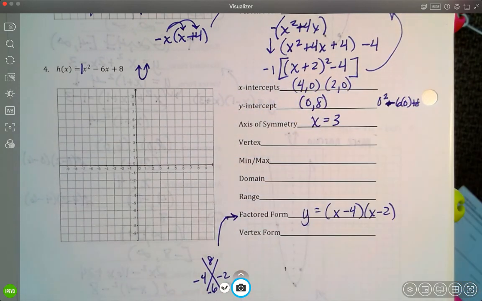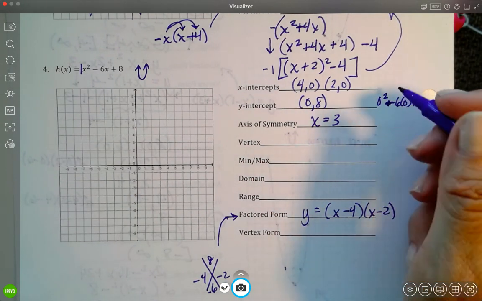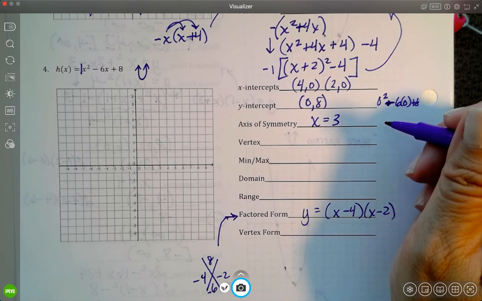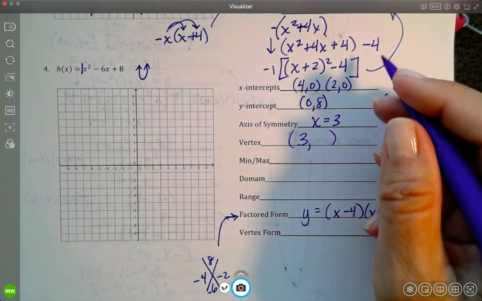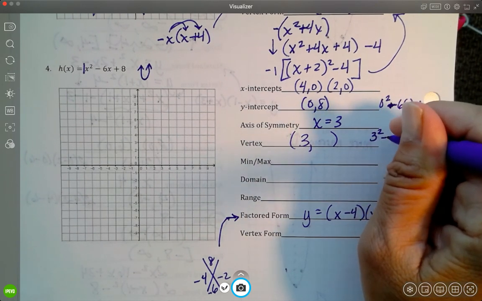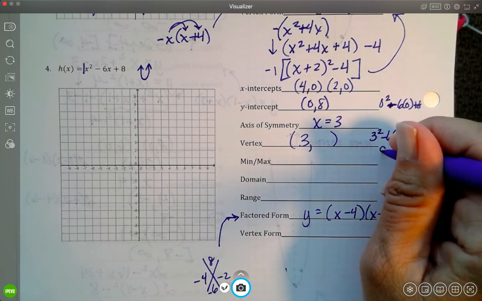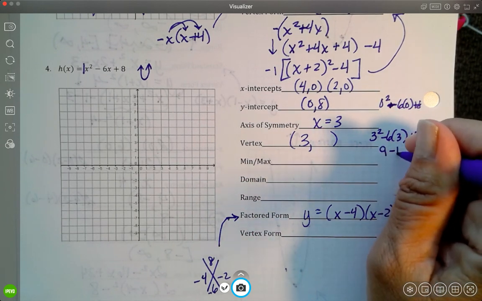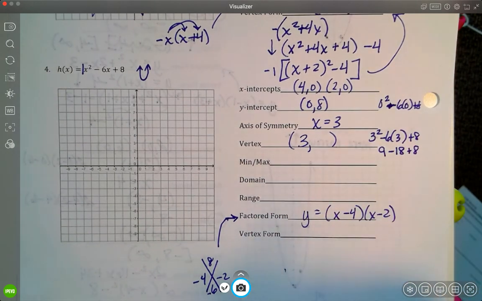What's my vertex? Well, I know it's going to start with 3, and then I need to find the y by plugging in x. So I have 3 squared minus 6 times 3 plus 8. So 9 minus 18 plus 8, and I have -1.